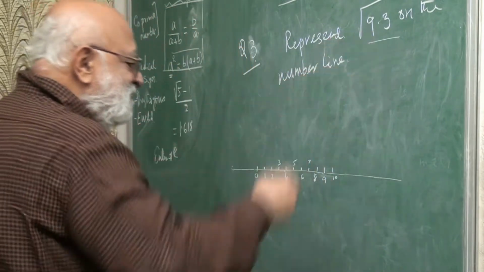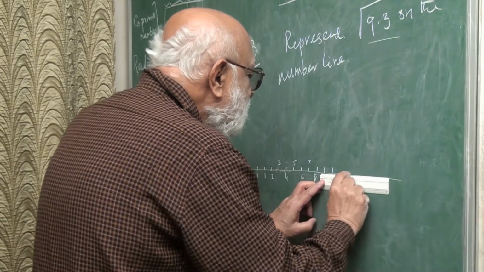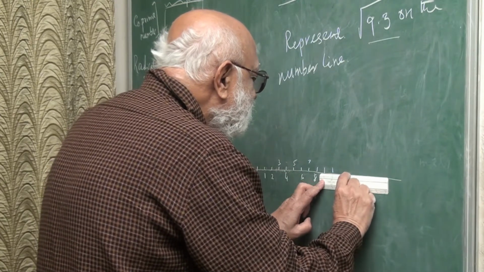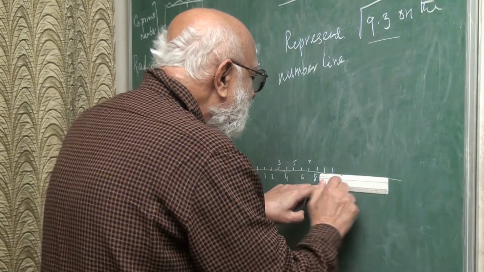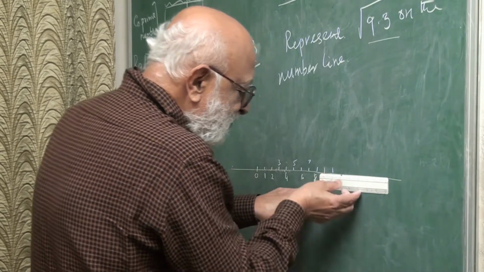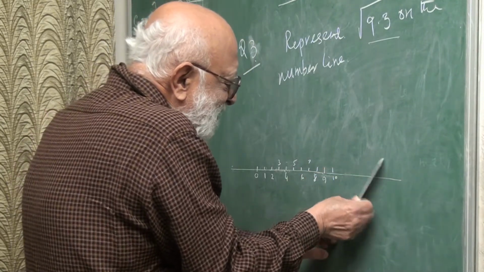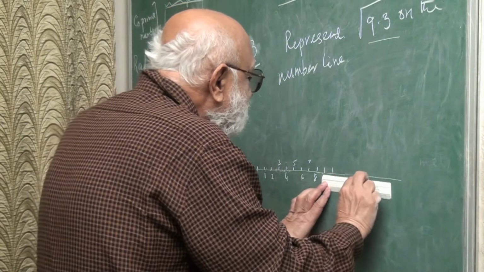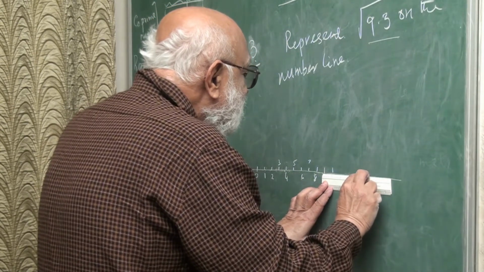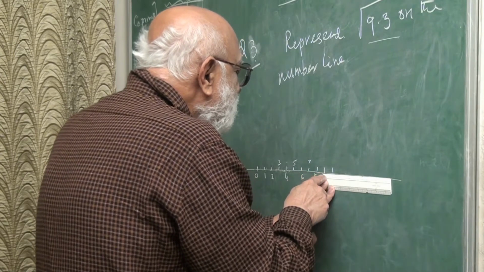Okay, 9.3 should be somewhere in between here. So let me take this one as 1, 2, 3, 4. So it was divided into that. Let me see if I can get any help in this direction. Okay, this is divided into 5. So I can take 1, 2, and 3.